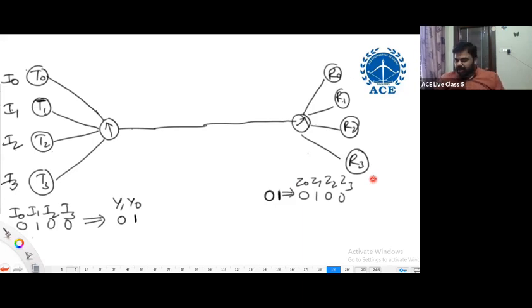Just a decoder is sufficient. I hope you are following. That is an encoder and a priority encoder.